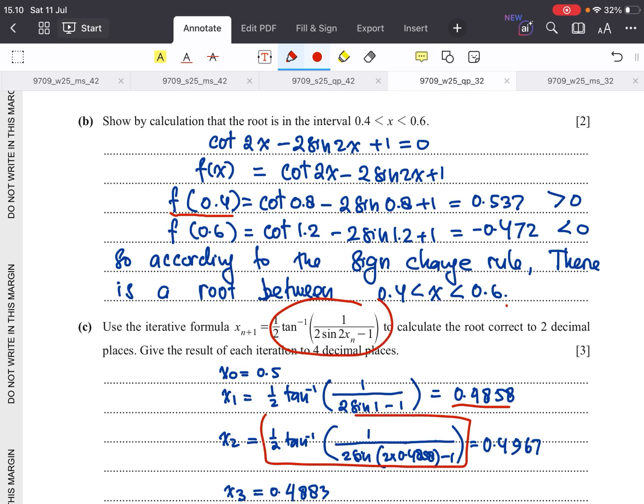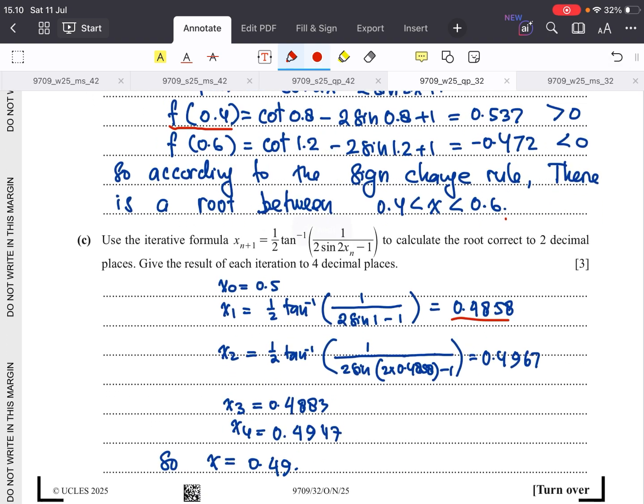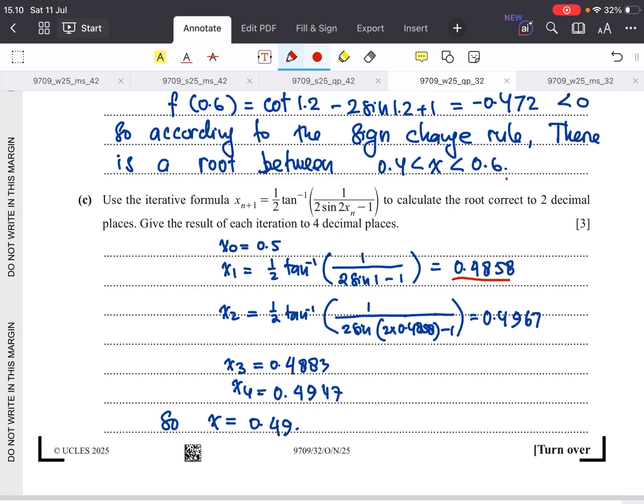It will be like this. And then I got this value, 0.4967. I repeat this process again. And then I get x3 and then x4 and so on.